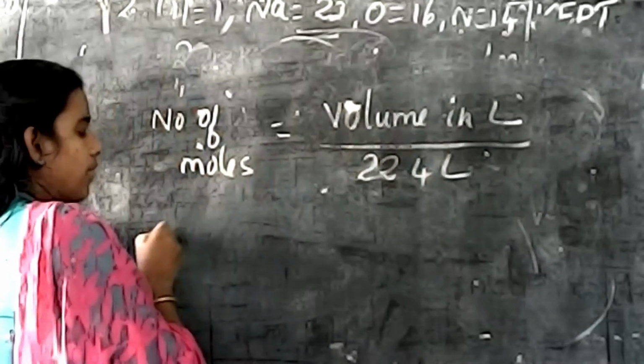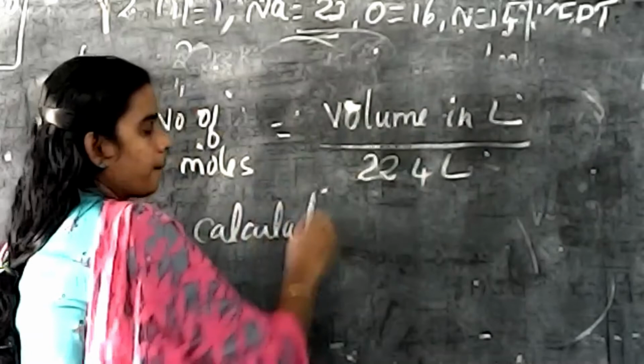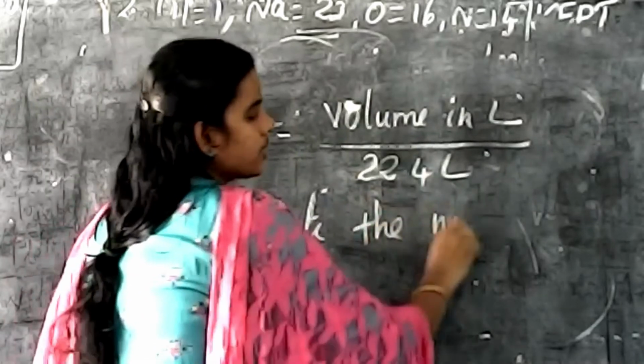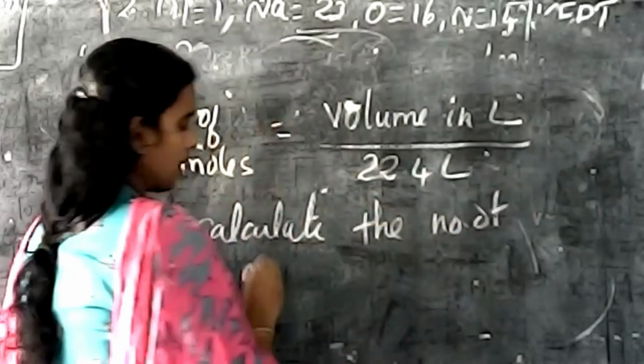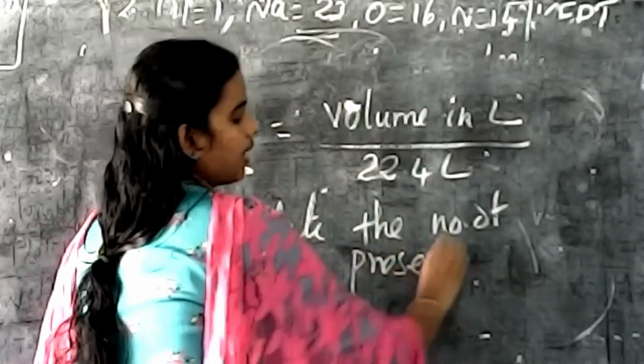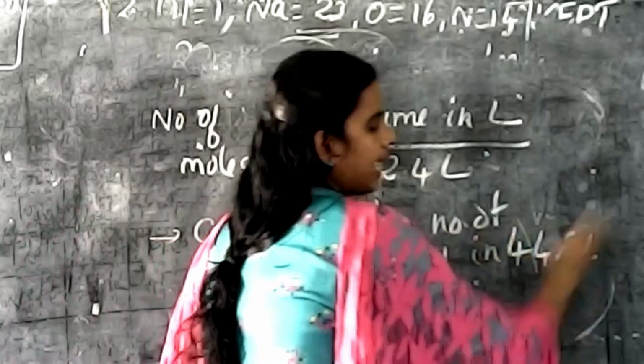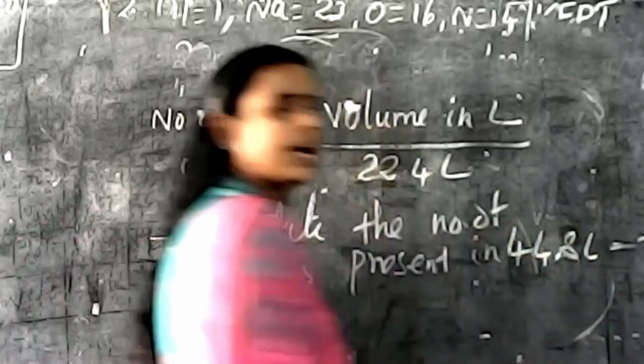Let me see one example. Calculate the number of moles present in 44.8 liter of any gas, that is CO2, hydrogen or oxygen.